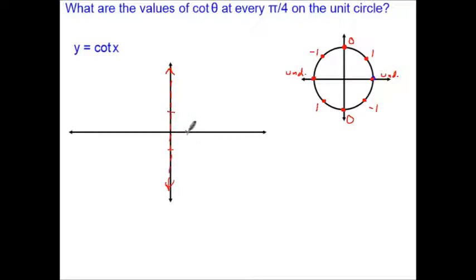But as we continue around the circle, we've got pi over 4, pi over 2, and then 3 pi over 4, as we do the top half of the circle before we get to pi, which gives us another undefined, therefore another asymptote. Notice pi over 4 gives me a +1, pi over 2 gives me a 0, and then 3 pi over 4, I'm writing in my units, I apologize, gives me the -1.